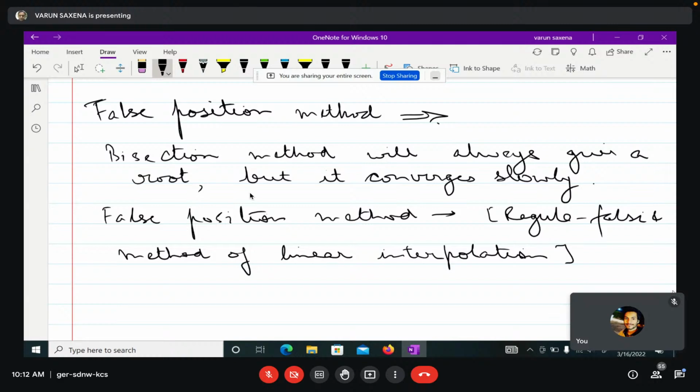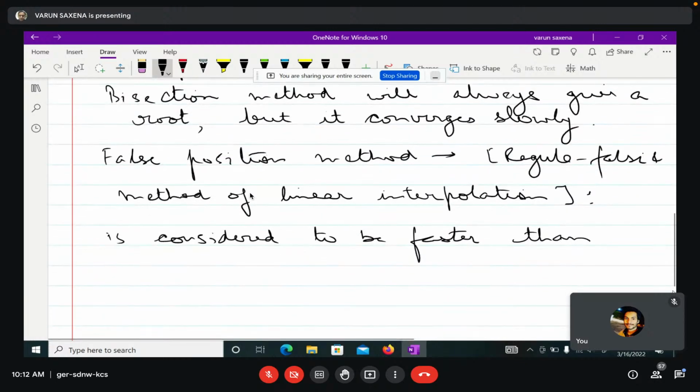The false position method is considered to be faster than bisection method. And as I said while writing, it is based on linear interpolation.